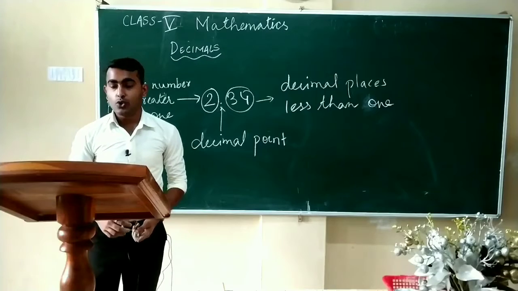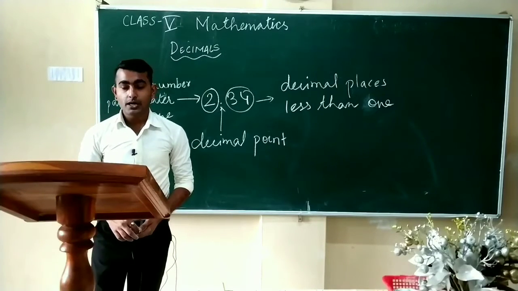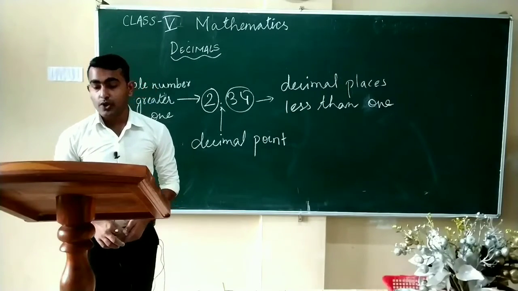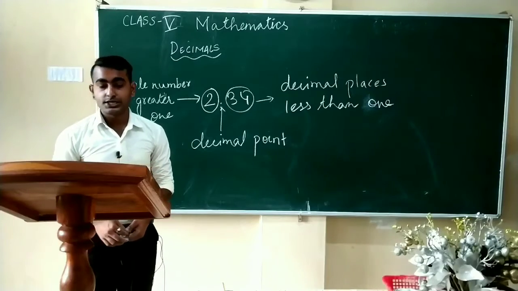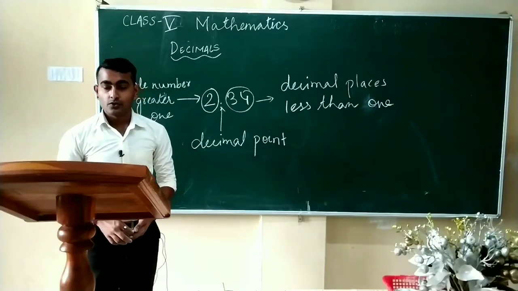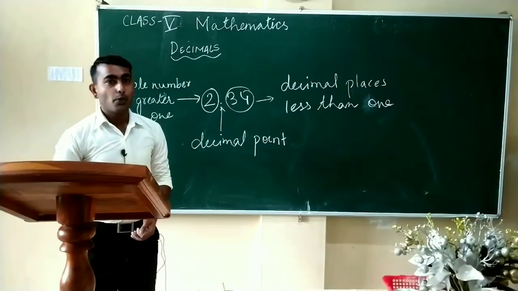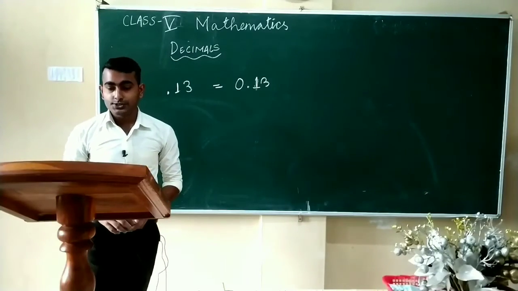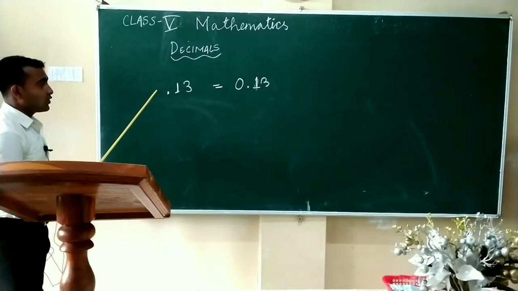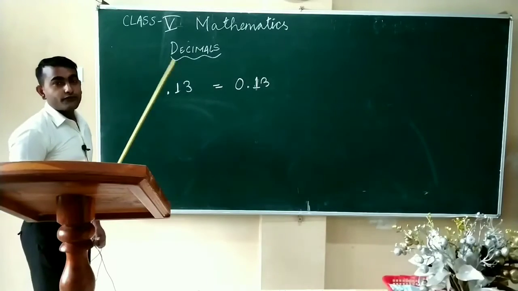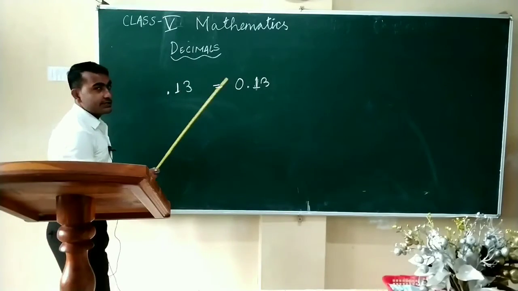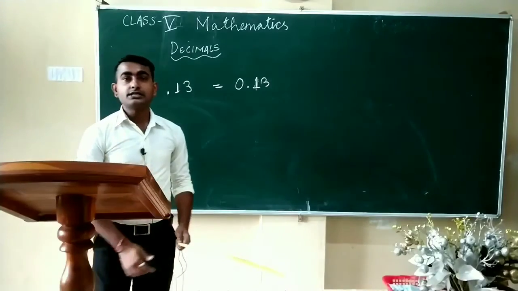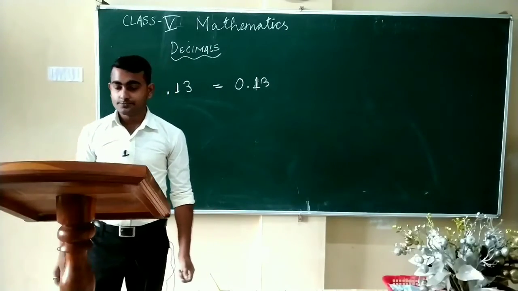Wherever there is no whole number part, do not forget to write 0 before the decimal point. For example, 0.13. Remember one thing, whenever there is no whole number part, do not forget to write 0 before the decimal point.